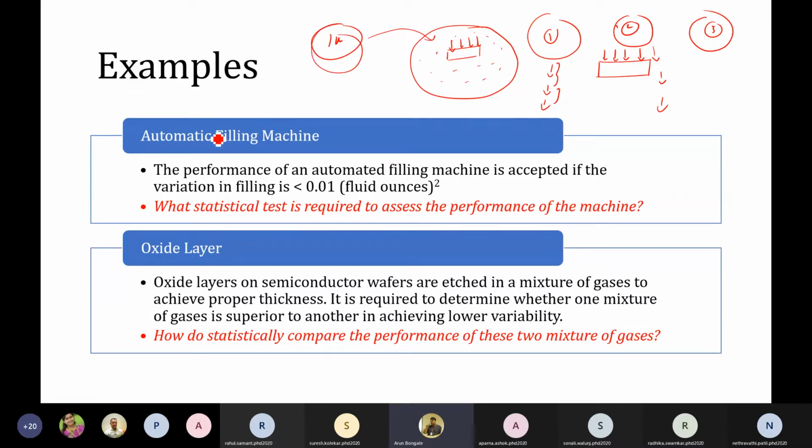I want to achieve 1 micron. Am I repeatedly getting 1 micron? And if I am not able to get 1 micron, then what is the variability? With respect to the first gas mixture and the second gas mixture, that I have to find out.